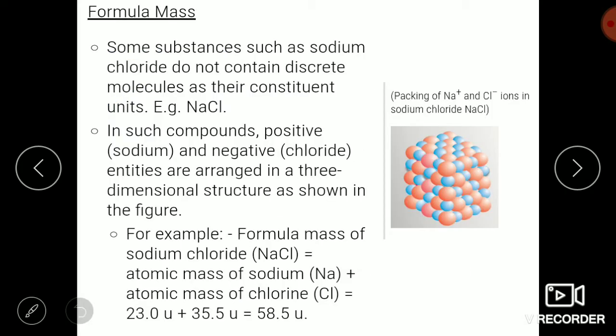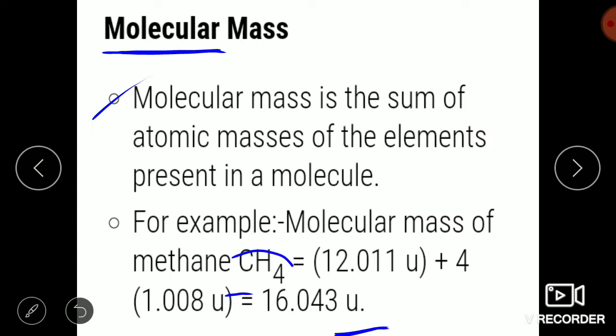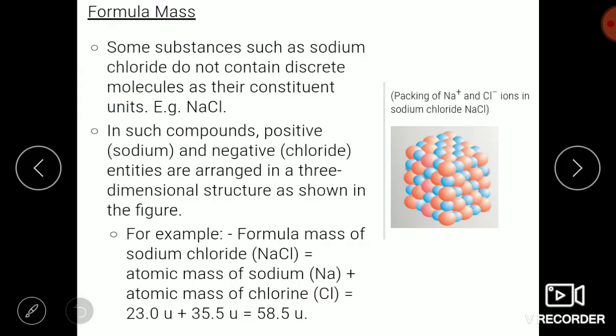Next we'll see the formula mass. Now what is the importance of formula mass, or why do we have to use the formula mass? See, in this example we get CH4 as a discrete molecule. But unlike CH4 or water, carbon dioxide, simple molecules, there are some substances that remain as an aggregation. That means they don't remain in a single state, but they remain together.